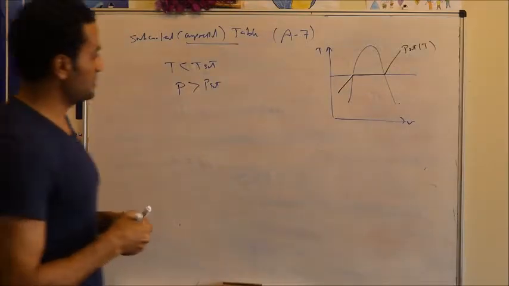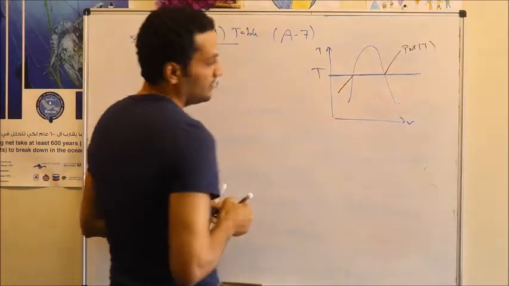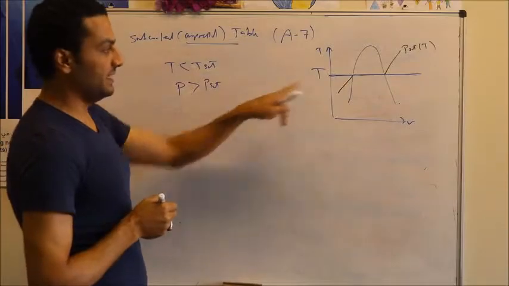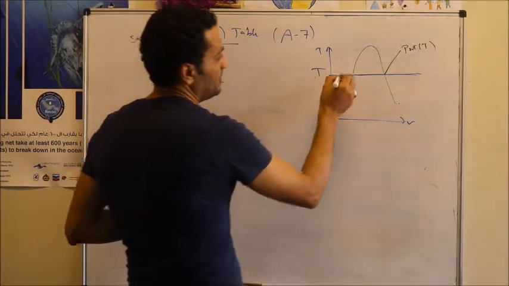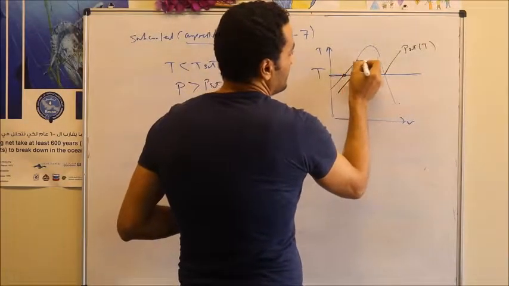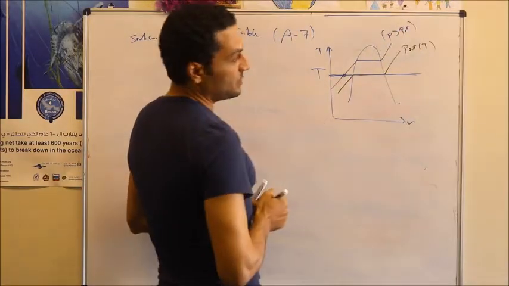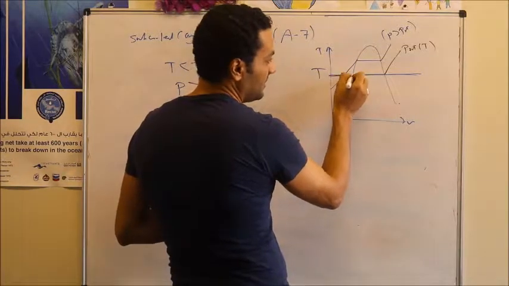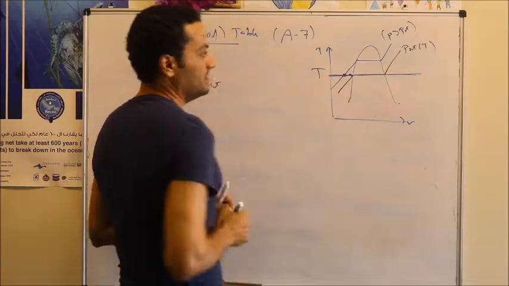So at a given temperature T, the only way to have pressure greater than the saturation pressure at this temperature is in the subcooled zone. So the pressure at any point here will be greater than what? Greater than the saturation pressure at this given temperature. So at any point here, you will find the pressure is greater than the saturation pressure. So this means we are in the subcooled zone.